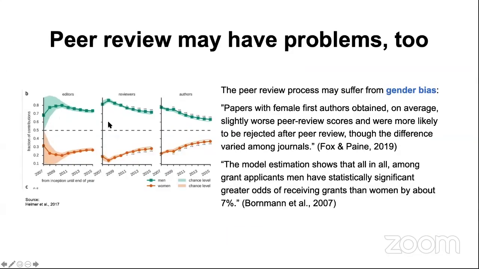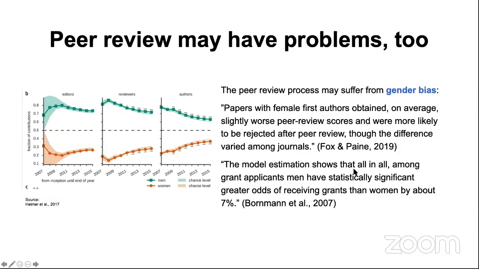Basically, if we're just looking at this figure, the green lines are males, the red dots and lines are females. And we see that in all these roles, whether editors, reviewers, or authors, there are more males than females. And this is some sort of gender inequality or gender bias.